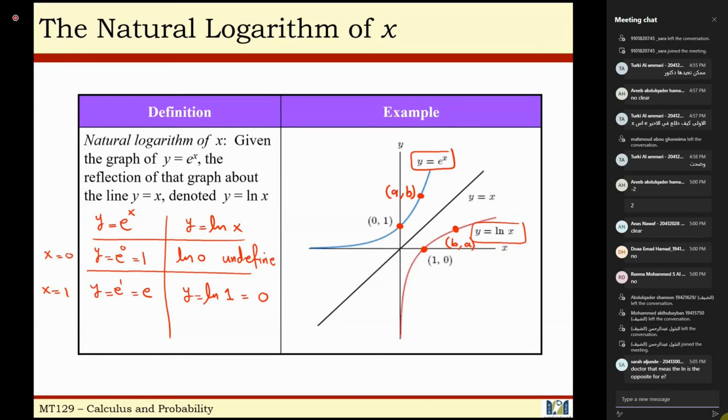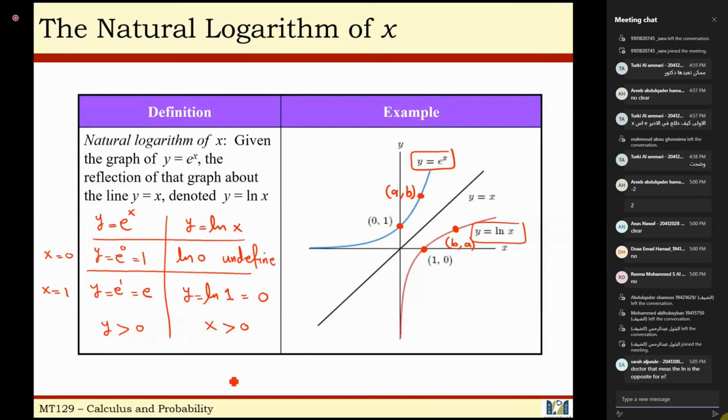Also, here y must be greater than 0, and for x we can put any value of x. But in the ln, x must be greater than 0. We cannot substitute a negative value inside the ln.